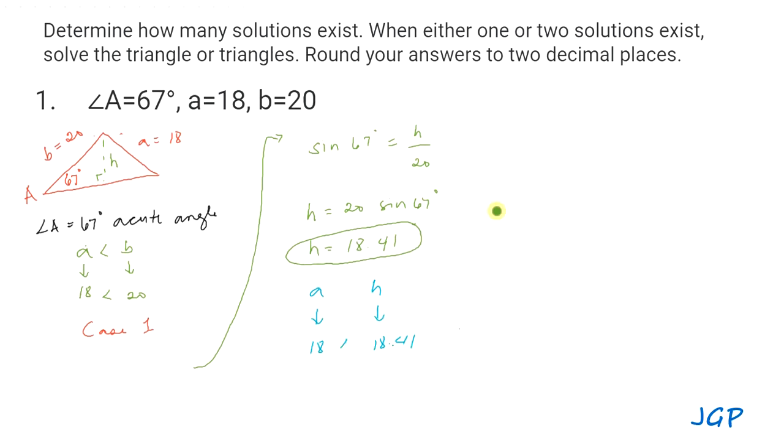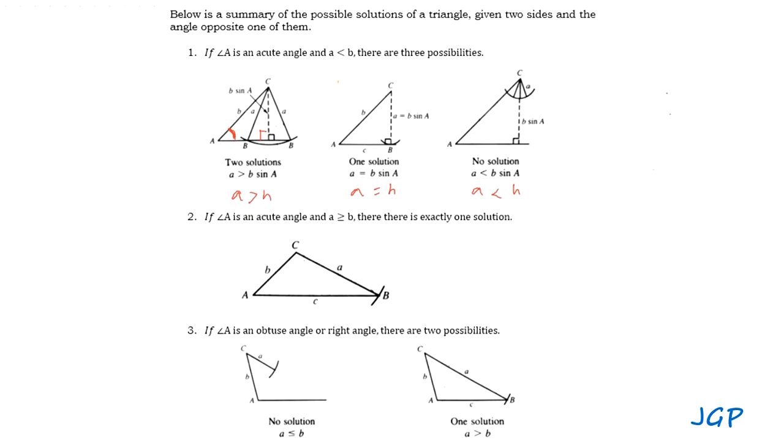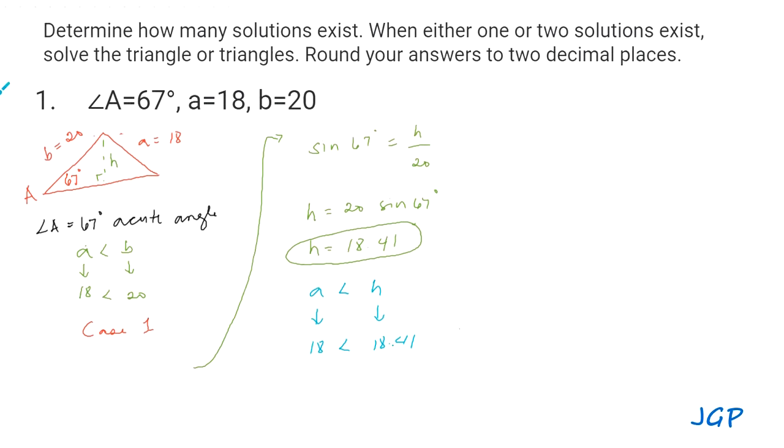And 18 is less than 18.41. So, meaning your side A is less than our height. So, from the case 1, if that is less than, meaning the answer for that is no solution.